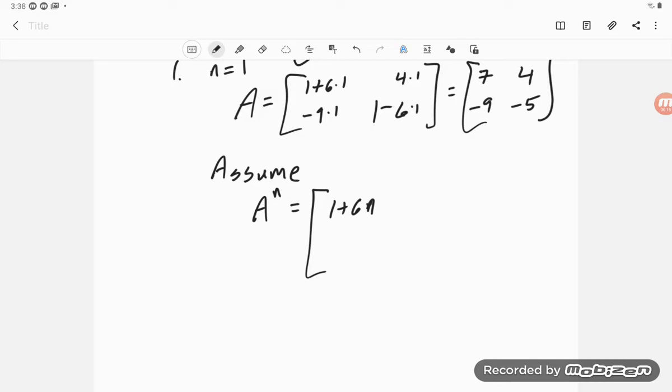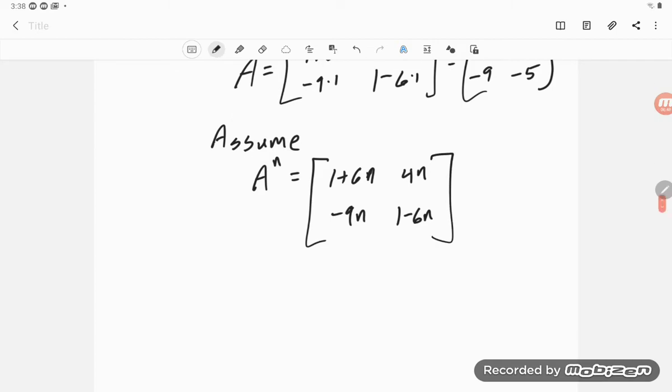But it looks like what we're doing is simply rehashing what the theorem is. Yes, actually, you kind of are. We're just setting it in there. And so then I have my 4n, my minus 9n, and my 1 minus 6n. So we assume that.